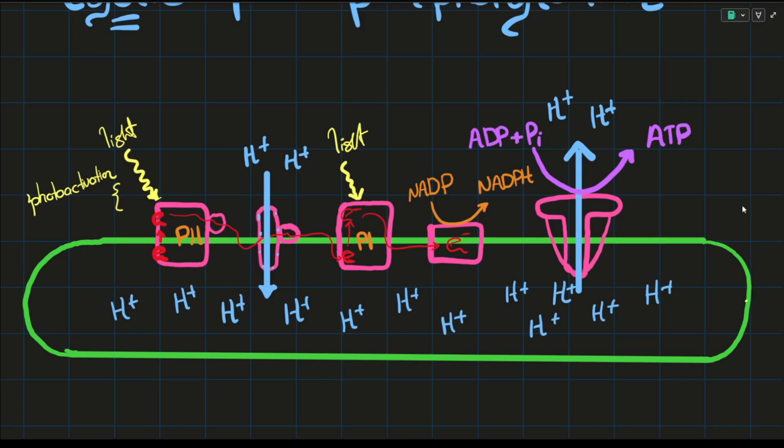And this process, if you recall, is referred to as chemiosmosis. The production of ATP using a protonic gradient by the combination of ADP plus inorganic phosphate.